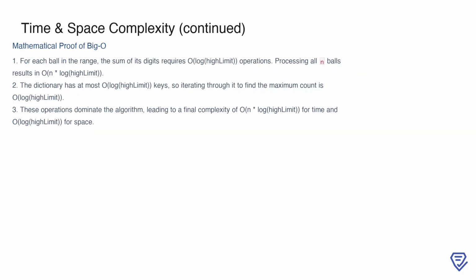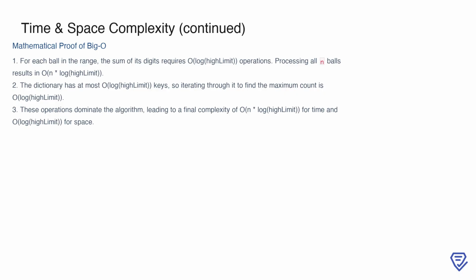Finally, let's solidify our understanding with a mathematical proof of the big O complexity. For each number, or ball, in the range, calculating the sum of its digits involves O(log high limit) operations, as the number of digits depends on the logarithm of the largest number. Processing all n balls in the range results in a time complexity of O(n log high limit). As for the dictionary, it contains at most O(log high limit) unique keys.